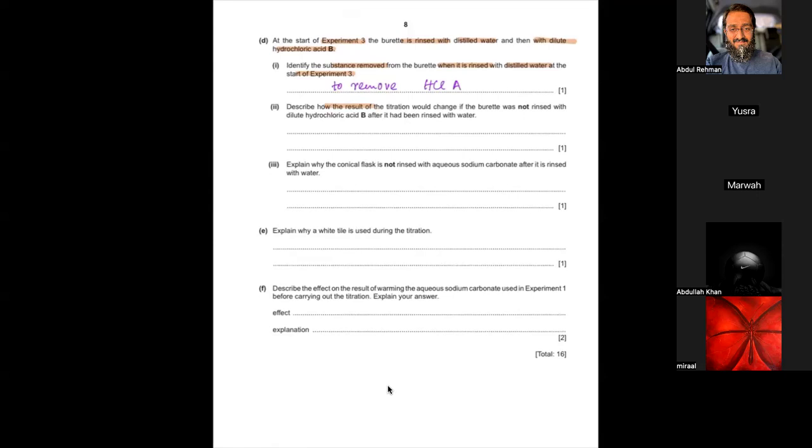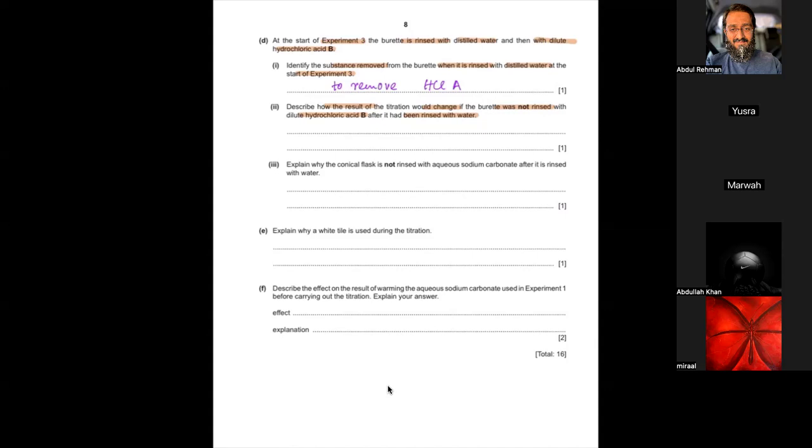Describe how the results of the titration would change if the burette was not rinsed with dilute hydrochloric acid B after it had been rinsed with water. Okay, first tell me, did you guys understand this part? Yes, sir. If you rinse it with water and then forget to rinse with HCl, the burette contains water in it, and you just add the HCl.